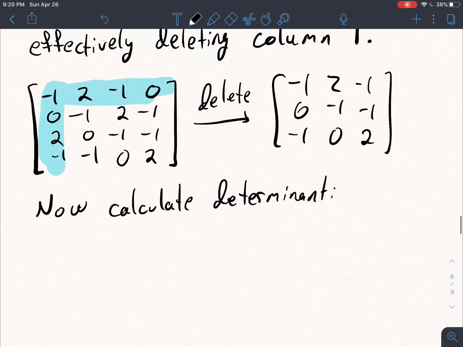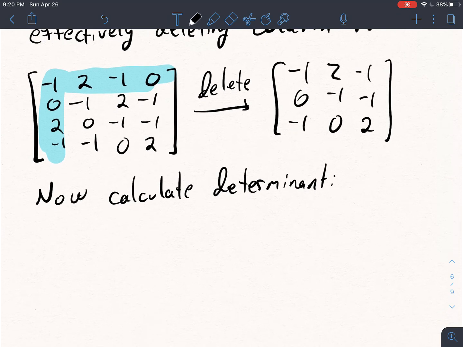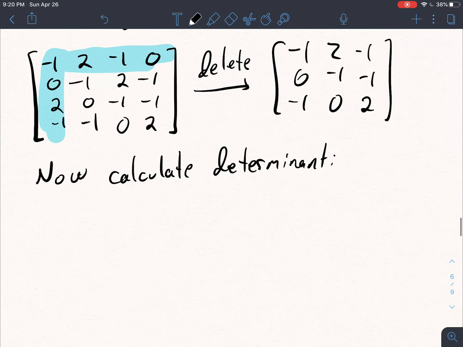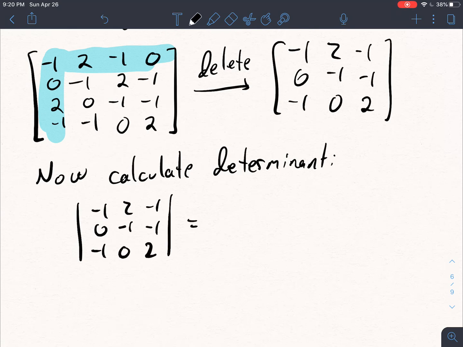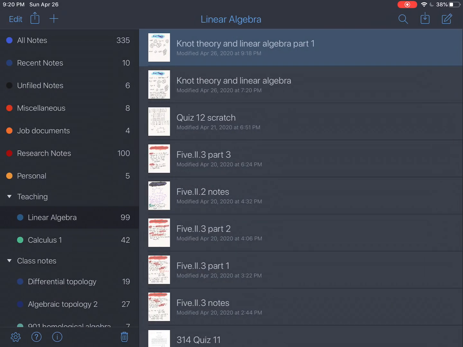And then we get a new matrix, which we will calculate the determinant of. So this is our matrix after we delete a row and column. It doesn't matter which row and column you delete. I just decided to delete the first row and first column. And then we calculate the determinant.